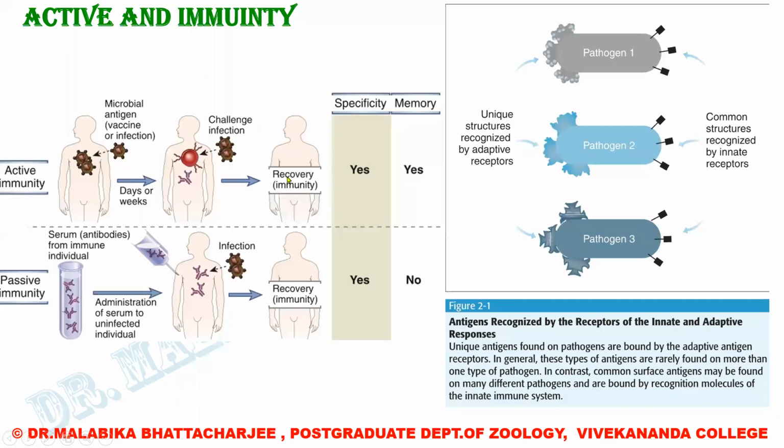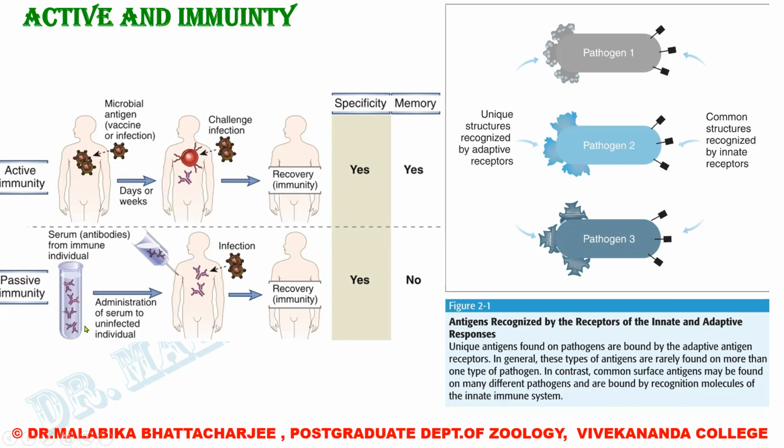What is passive immunity? Passive immunity is that a person who has already been infected with this pathogen, the serum from their blood is collected. And this serum is assumed to bear soluble antibodies specific for this antigen.